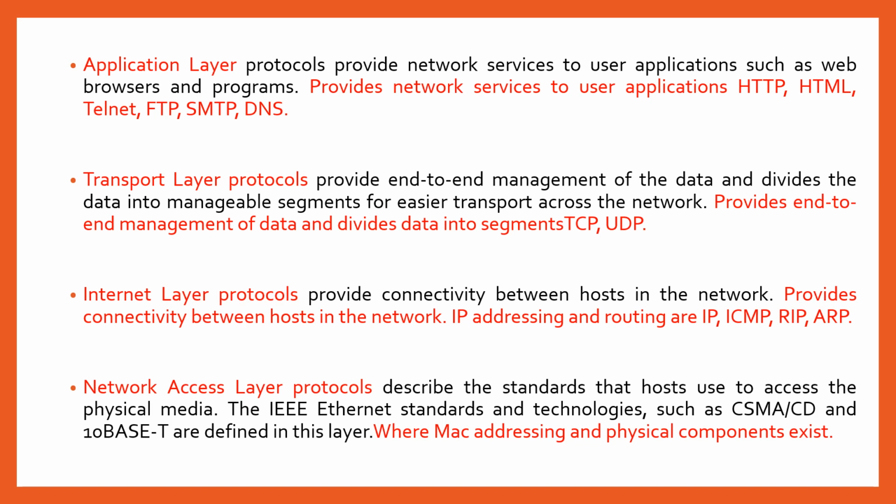Here IP addresses and routing are provided in the internet layer protocol, and some of the internet layer protocols are IP, that is Internet Protocol, ICMP, Internet Control Message Protocol, RIP, that is Routing Information Protocol, and ARP, Address Resolution Protocol.